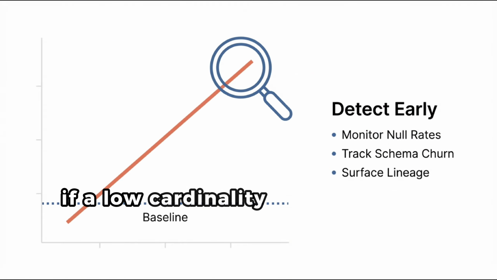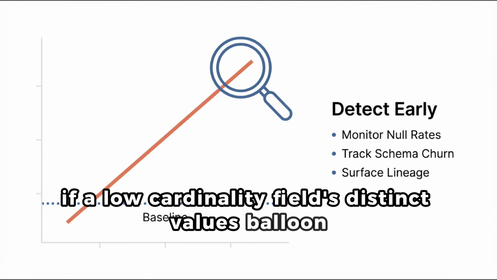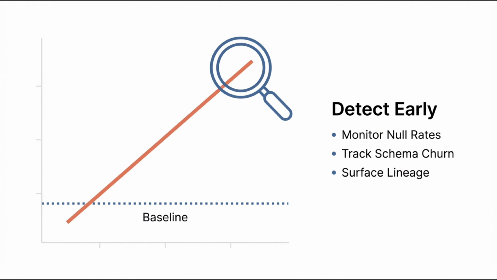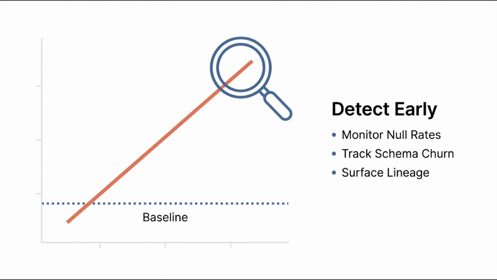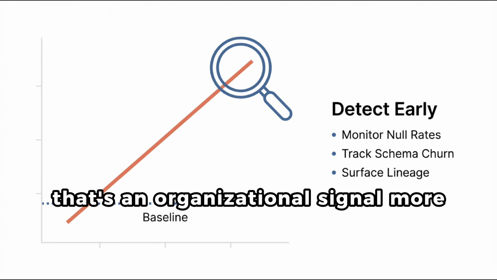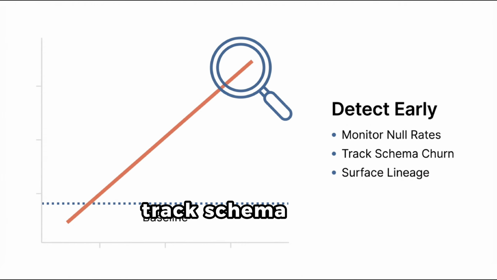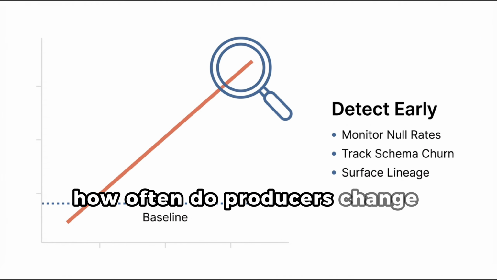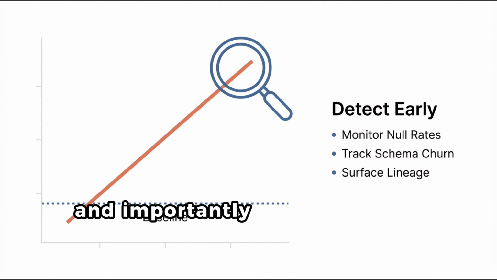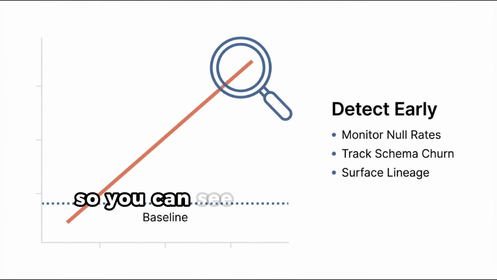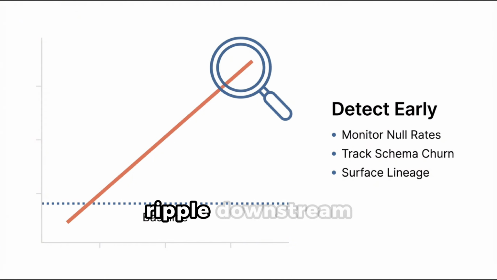If a low cardinality field's distinct values balloon, semantics may be drifting. Watch for growing counts of conditional logic in downstream code. That's an organizational signal more than a metric. Track schema churn. How often do producers change field names, types, or optionality? And importantly, surface lineage so you can see which upstream changes ripple downstream.